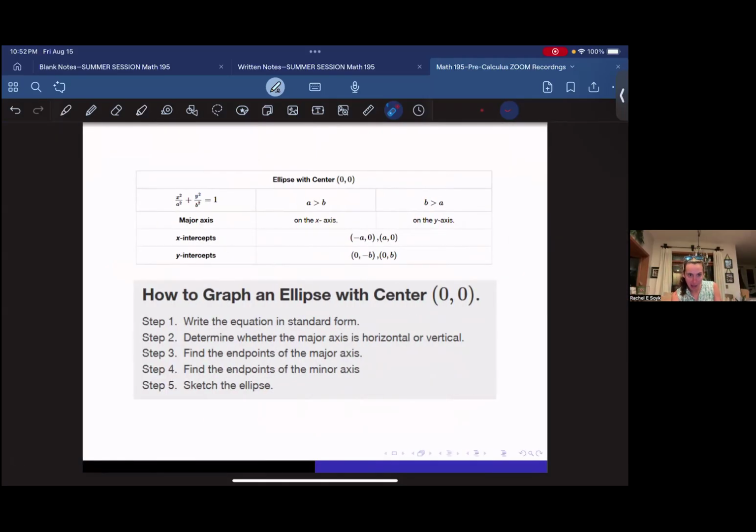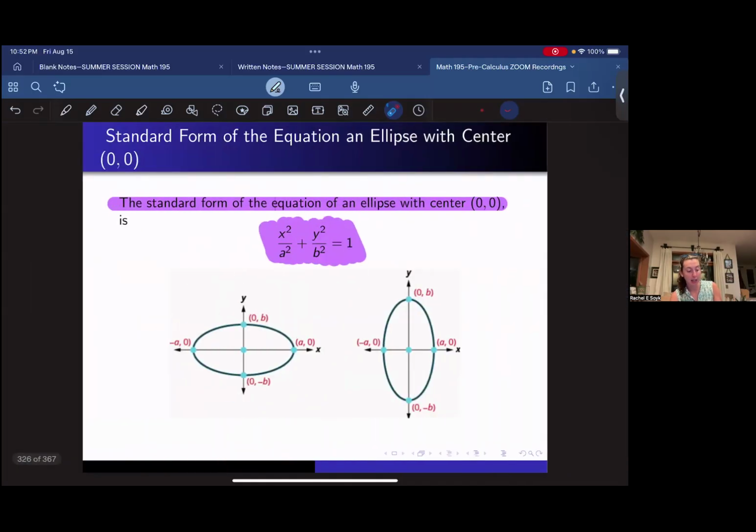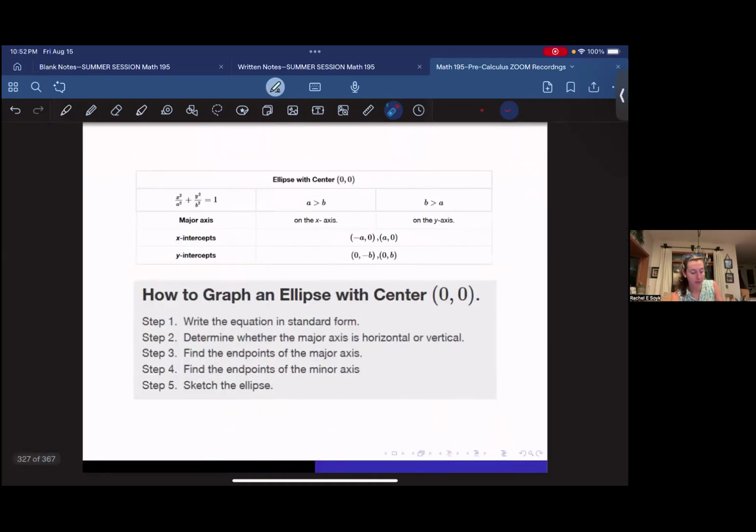And so your ellipse is going to look more like a stretched out long face instead of a watermelon. And then this slide is just putting all of our characteristics together, really emphasizing, okay, what does our a value tell us, especially stemming from that origin? It tells us our distance from our center point to that edge point of our ellipse. And then our b value tells us the same thing, just in that vertical direction.